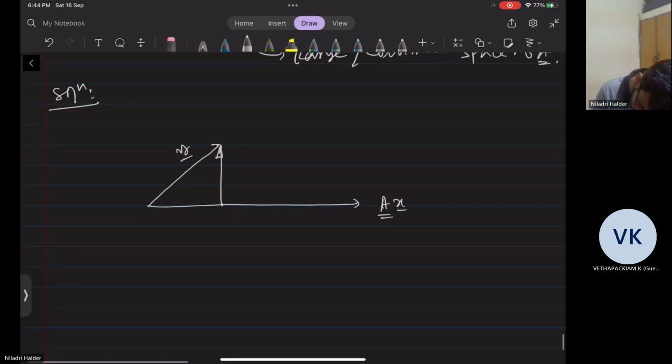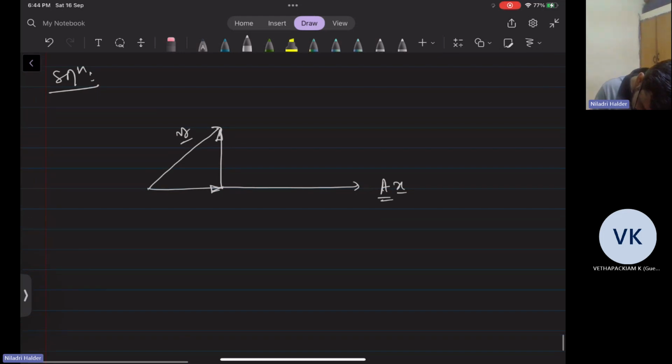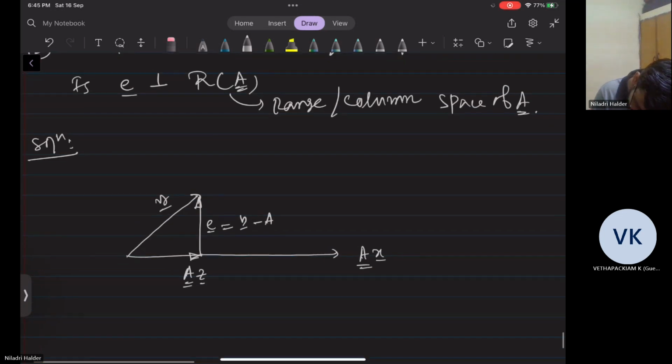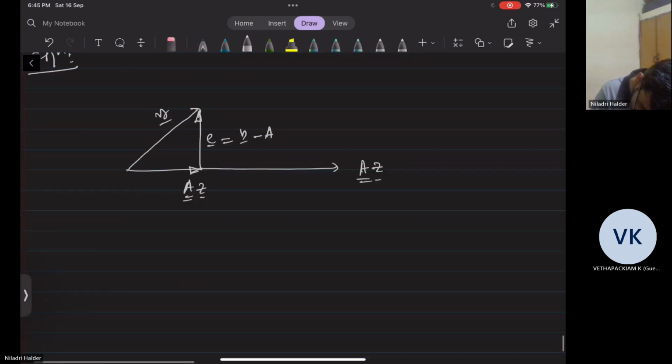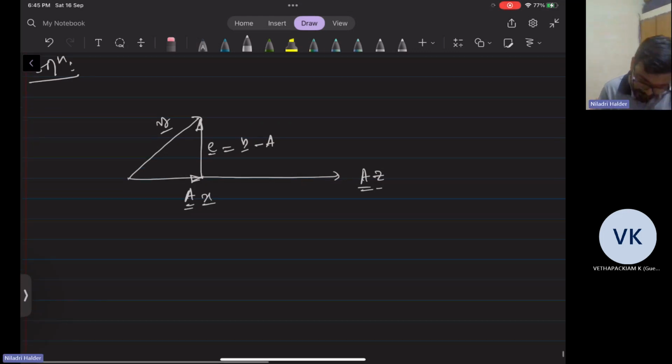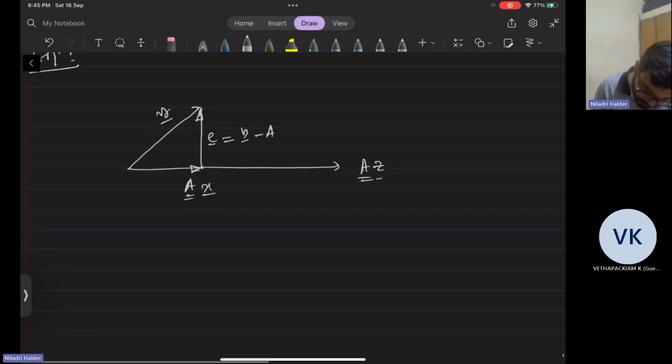Suppose this is the Ax and this is the error, y minus Ax. So this error is perpendicular to this x.